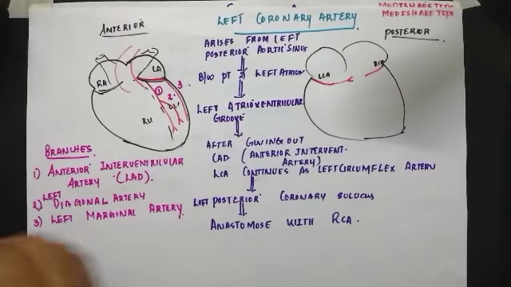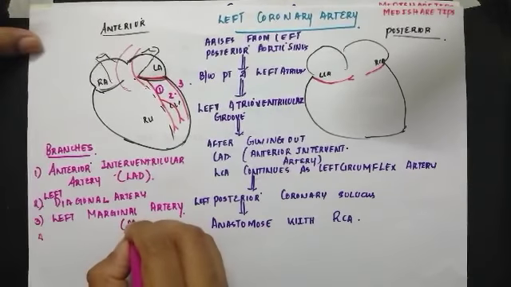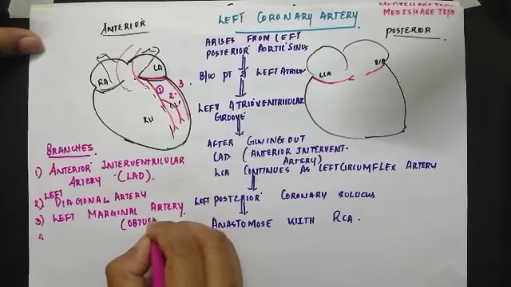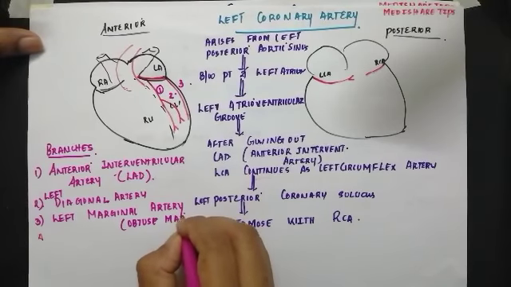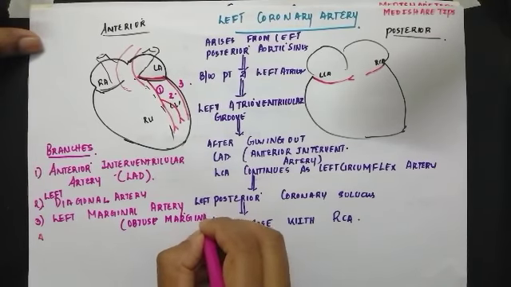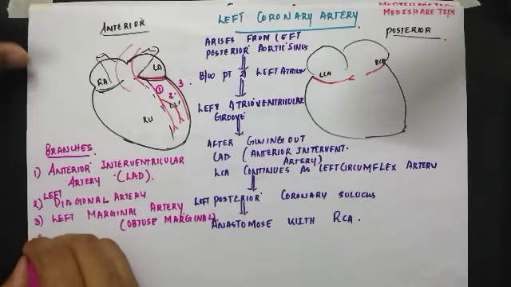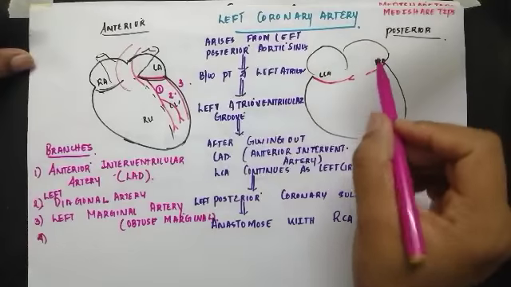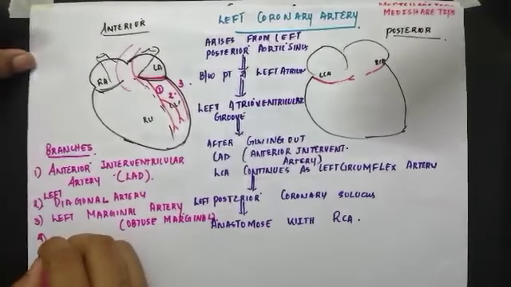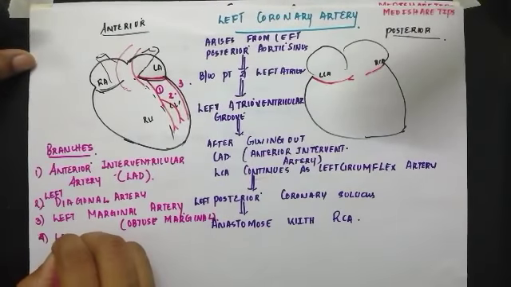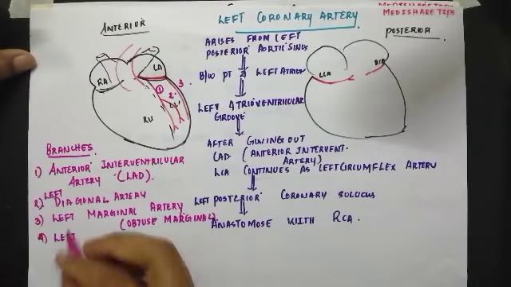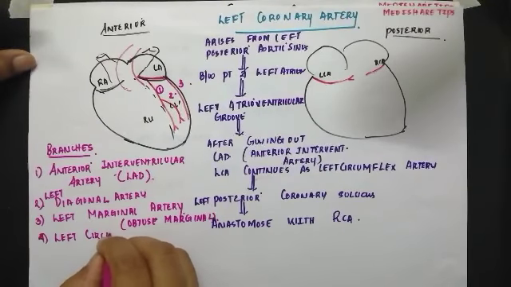The left marginal artery is also known as obtuse marginal. And the continuation of the left coronary artery is known as the left circumflex artery, which anastomoses with the right coronary artery.